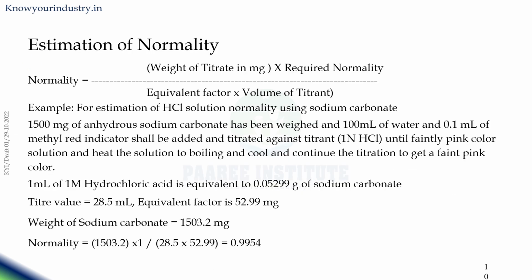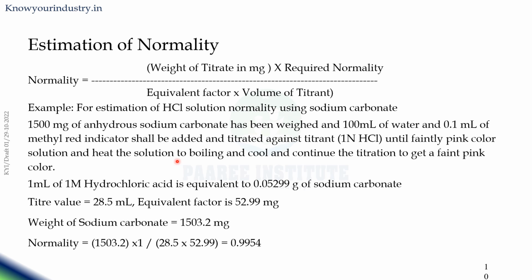Now in this slide, we are going to see how to estimate the accurate normality of a particular solution using a titrimetric method. We are going to see an example of estimating the normality of a hydrochloric acid solution. We have prepared a 1 normal hydrochloric acid solution here, and now we are going to estimate the accurate normality of the prepared solution.